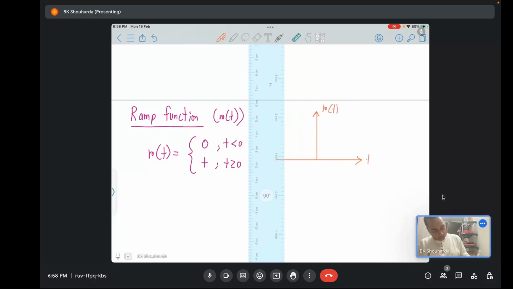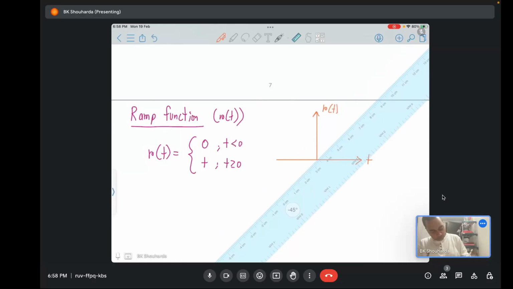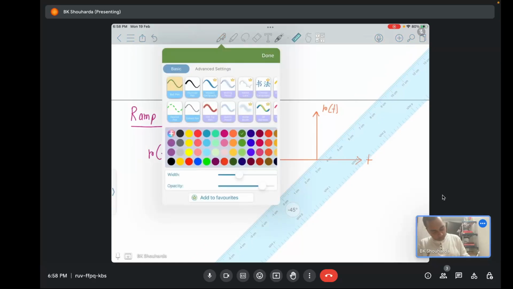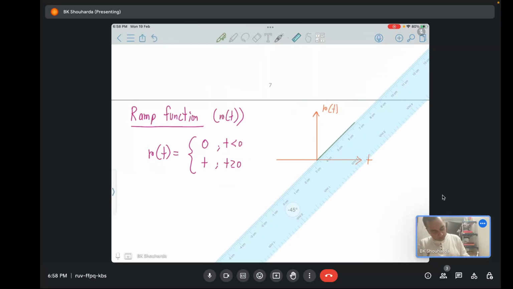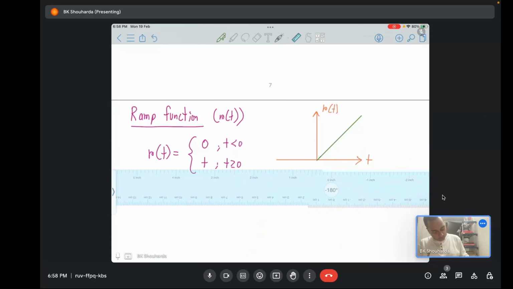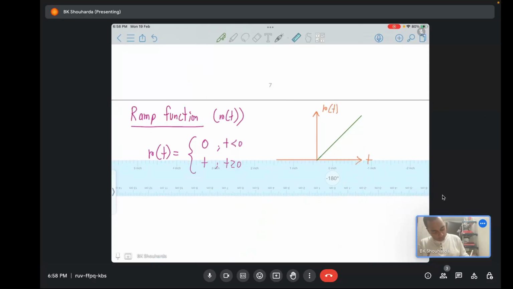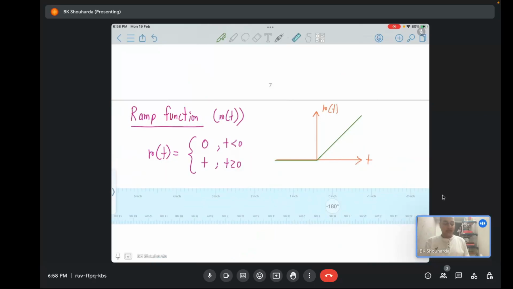So the RT signal should be going up like this, and for the other interval it stays like this.